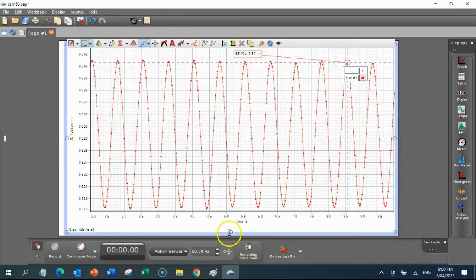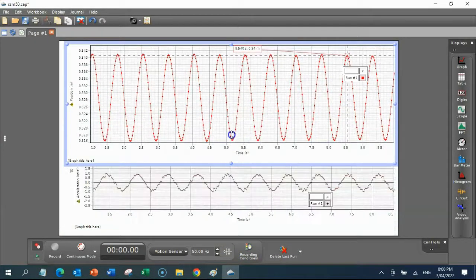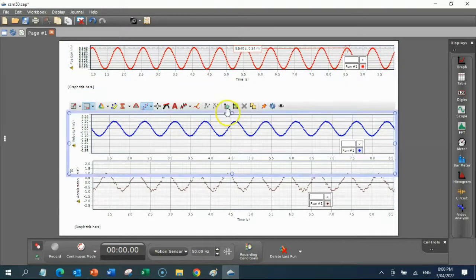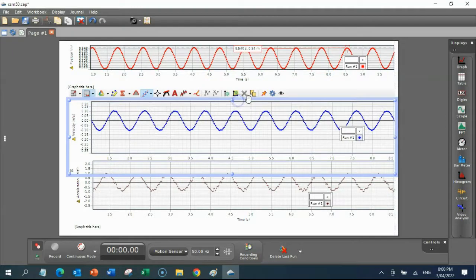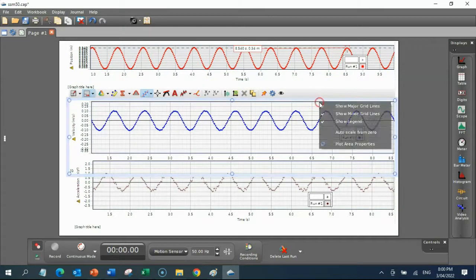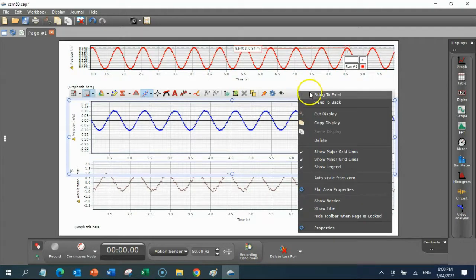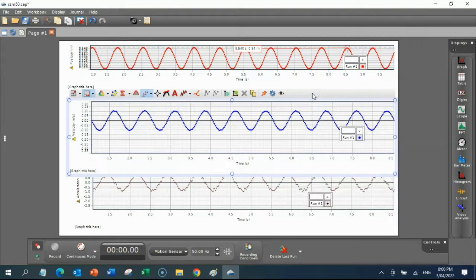What I need to do is to minimize this, maximize this, perhaps bring it to the front first. So I'm going to right click on the top part here and click bring it to the front.